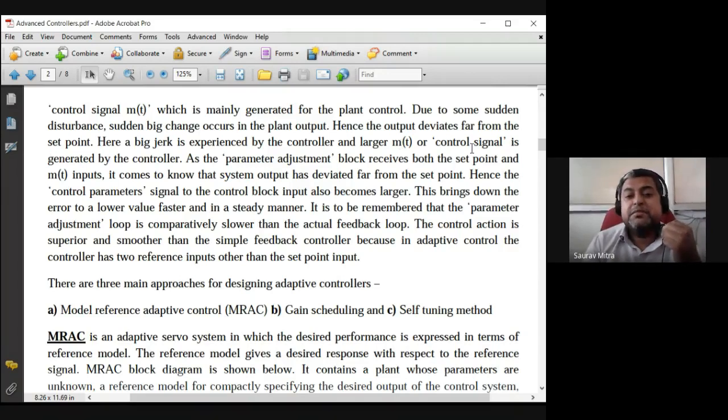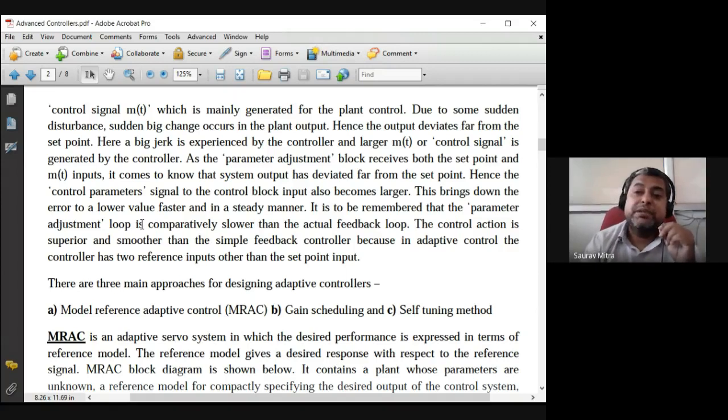Now they're talking about adaptive control. The parameter adjustment block receives both the set point and the MT input. So the parameter adjustment block comes to know about the disturbance after one loop, that a big change has come in the plant. That's why the plant output has deviated very heavily, and that's why the controller is generating a big control signal.